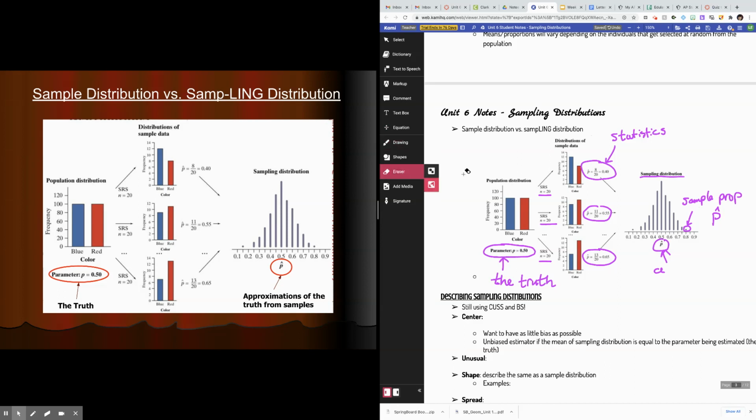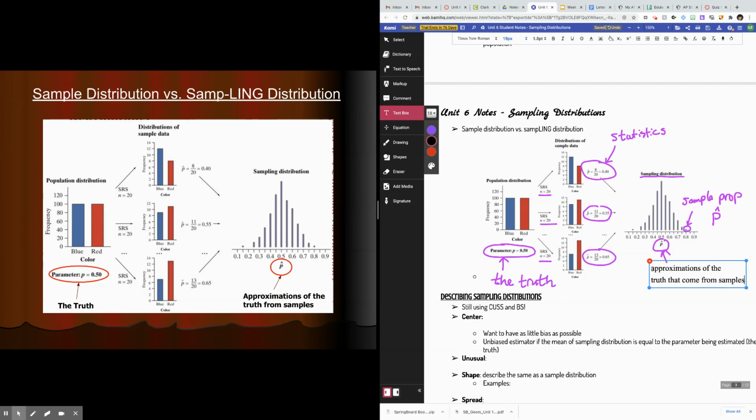I'm going to actually type this because that would take me way too long to write. So each of those p hat values are approximations of the truth that come from samples.